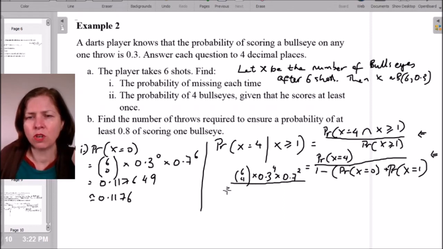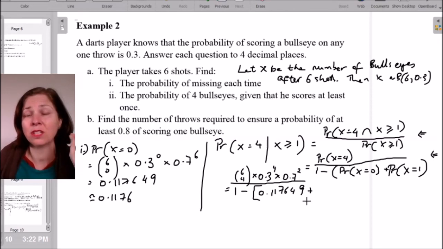And that's all over 1 minus, I've already calculated the probability that x equals 0, 0.117649. I'm not rounding it at this stage, I want the whole thing, but that is an exact value. There were no more decimal places.